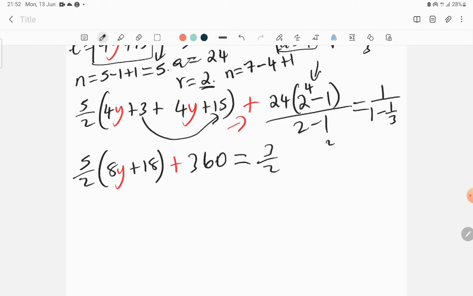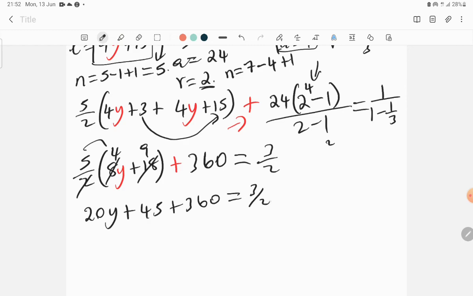Then let's simplify. Then this 2 is going to cancel this one, giving 4 upper, and also cancel this one, giving 9 upper. Then 5 times 4, which is just 20y, then plus 5 times 9, which is just 45, then plus 360, which is equal to 3 over 2. So we can just take everything else to the right hand side.